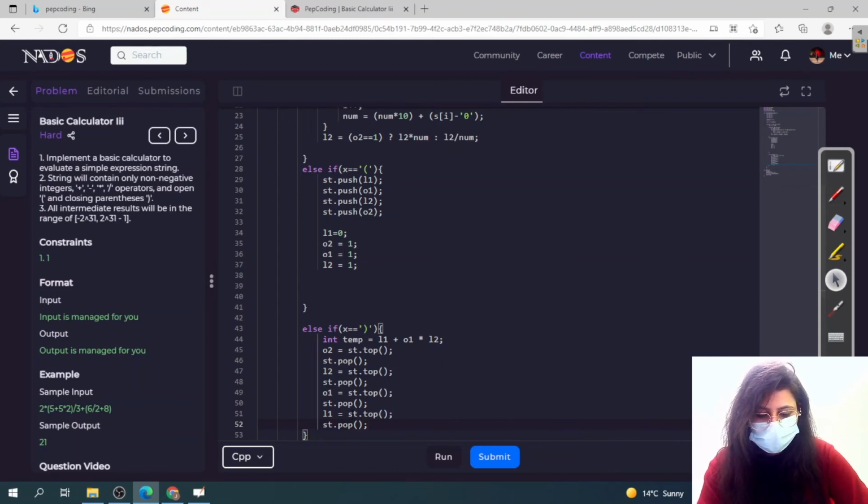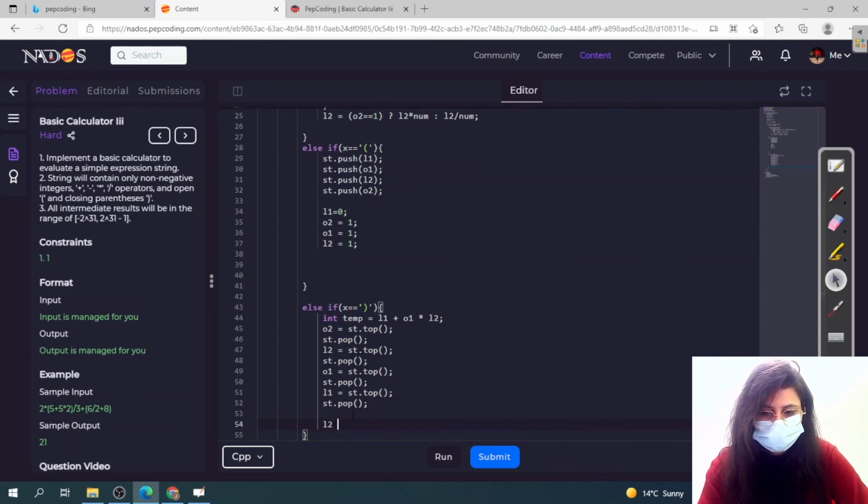Right. Next, L2 would be equal to, if O2 equals 1, again the same thing, then L2 into temp, else L2 by temp, right?